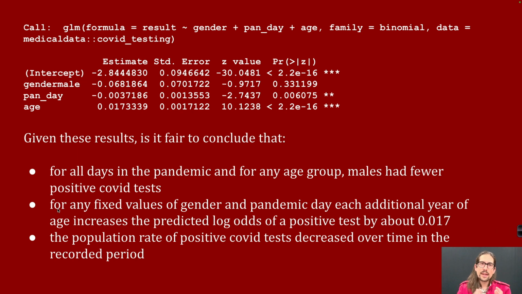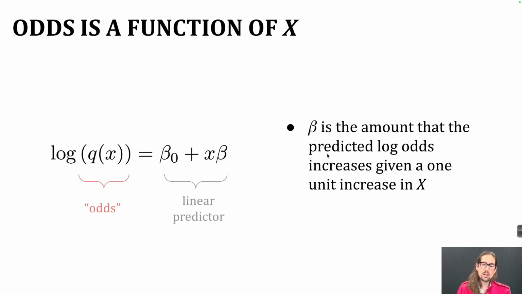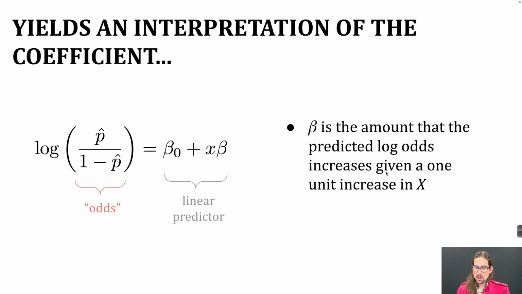You can say a lot less than people think you can based on these coefficients. Really, the only thing you can say is this super concrete thing that comes directly from the definition of the coefficient. This statement here, right? Beta is the amount that the predicted log odds increases given a 1 unit increase in x. That's it. You really can't say basically anything more than that. And this only pertains to the predicted log odds.